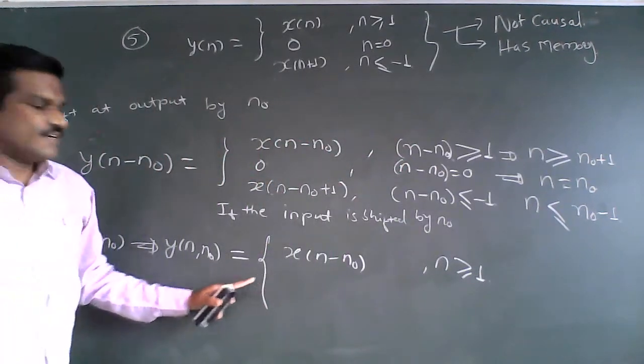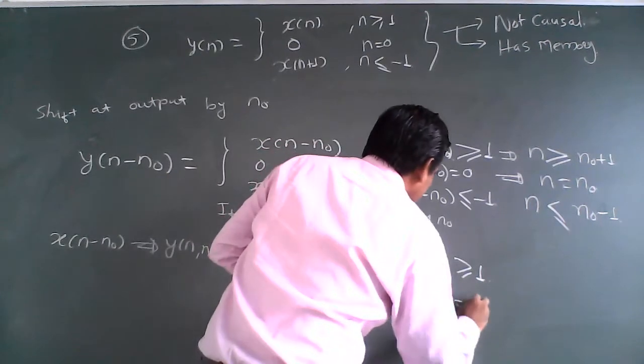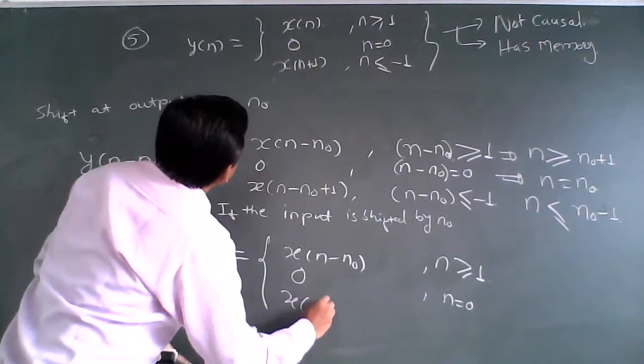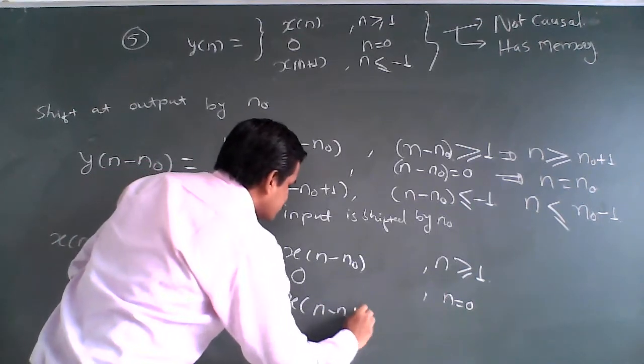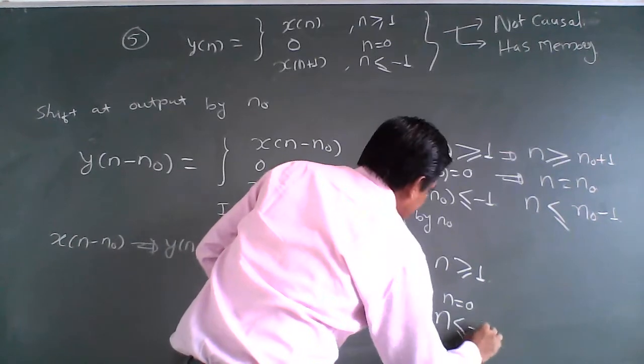This is equal to 0 for n equal to 0, and x of n minus n0 plus 1 for n less than or equal to minus 1.